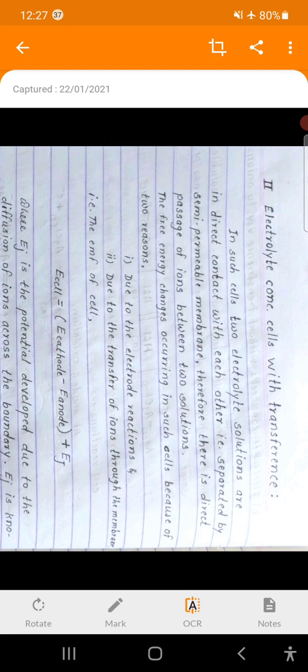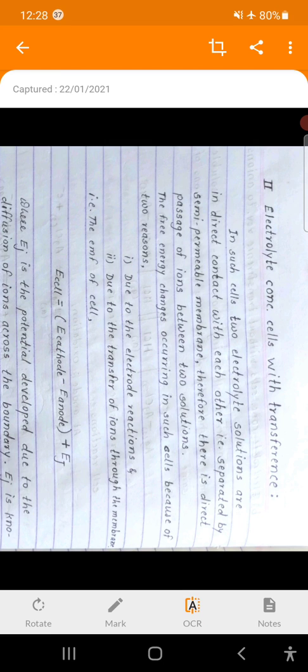Therefore, ions can migrate from one solution to the other because the semi-permeable membrane allows passage of ions. In this case, the two solutions are considered in contact with each other, and it is a cell with transference.